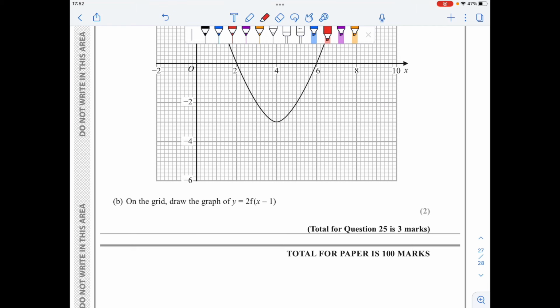Now the 2 represents a stretch along the y-axis by a scale factor of 2. So basically I'm multiplying the y-coordinates by 2, and the x minus 1 translates the graph by 1 unit to the right, so I am adding 1 to the x coordinates.